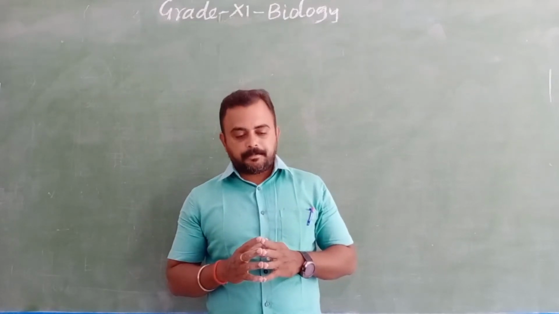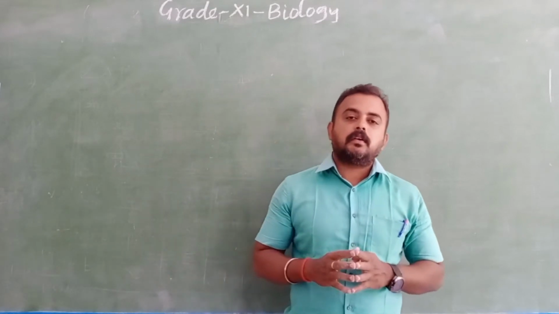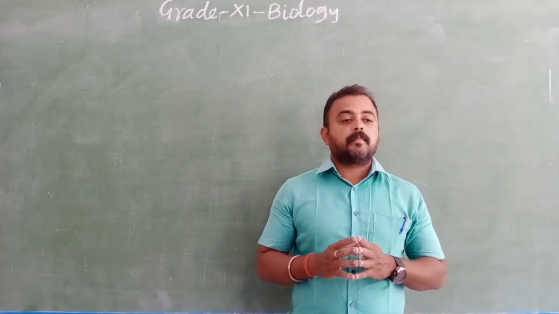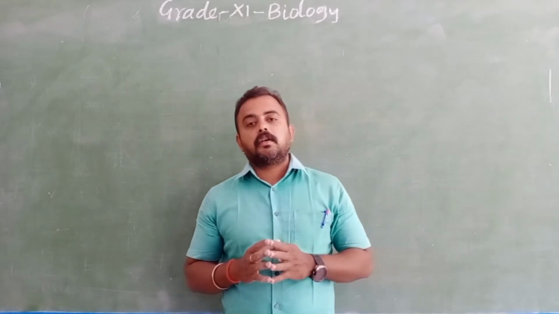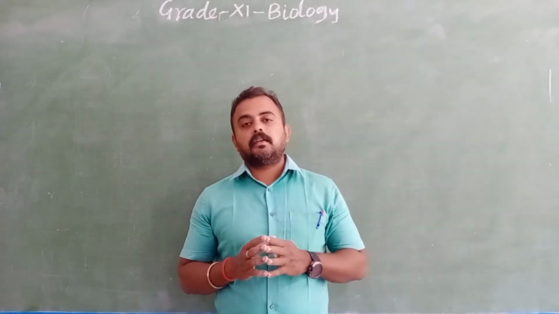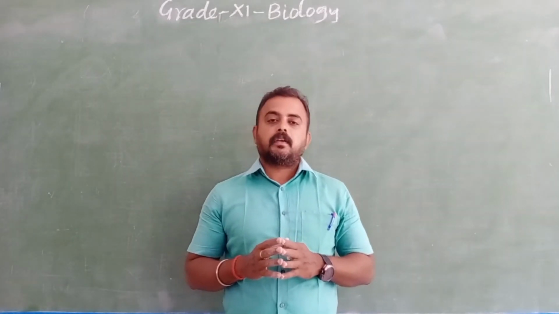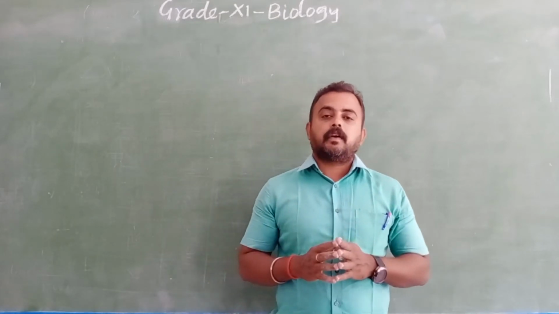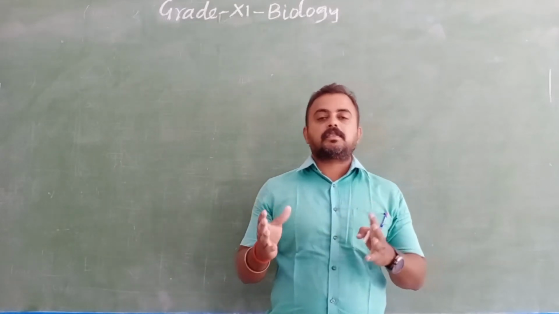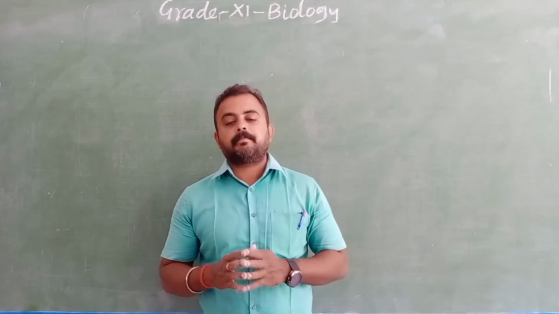The brain, spinal cord and nerves come under the nervous system. The nervous system is further divided into two types: central nervous system and peripheral nervous system.